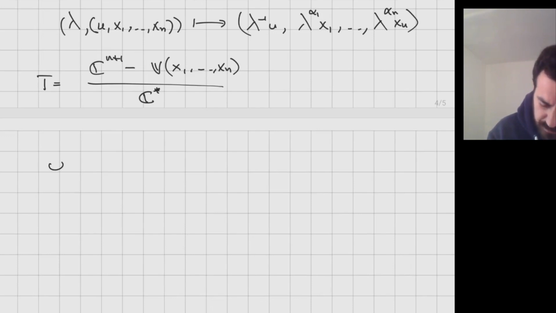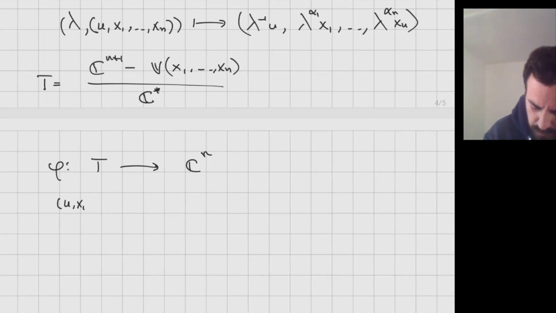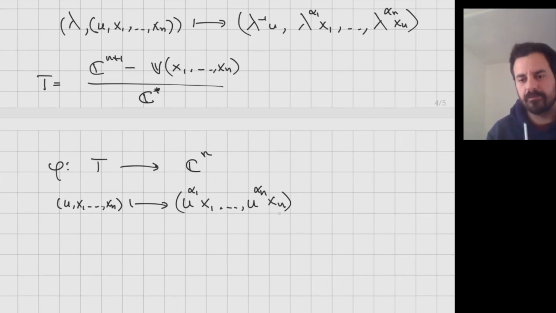Okay, so now I define the map phi that goes from T to C^n, taking (u, x_1, ..., x_n) going to (u^(alpha_1) x_1, ..., u^(alpha_n) x_n).